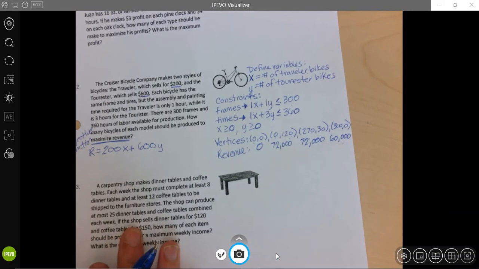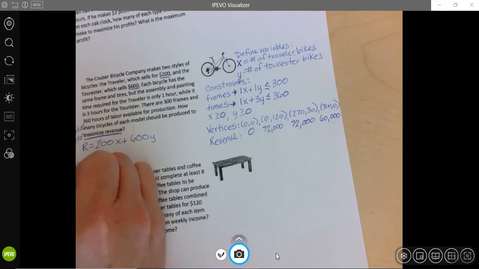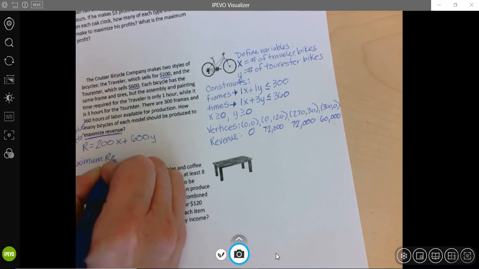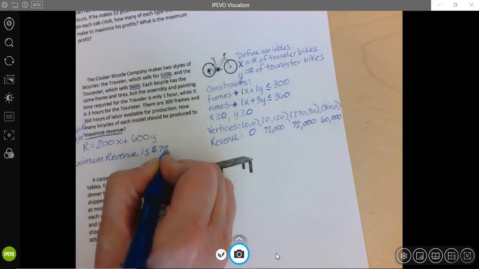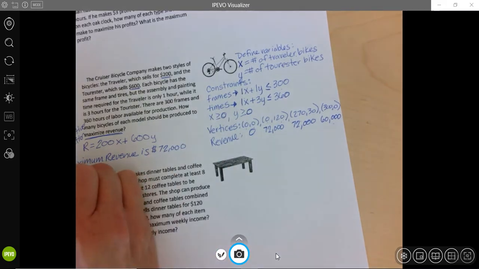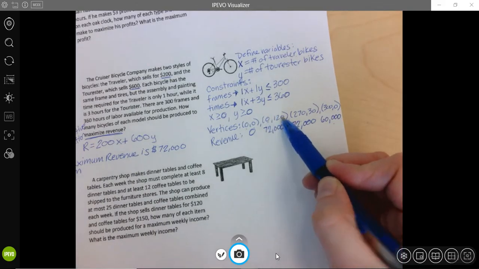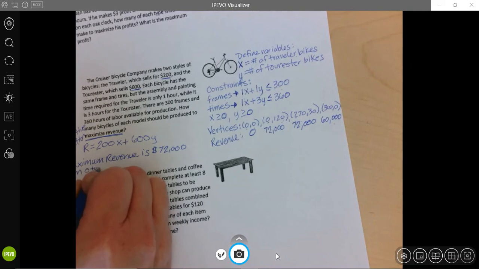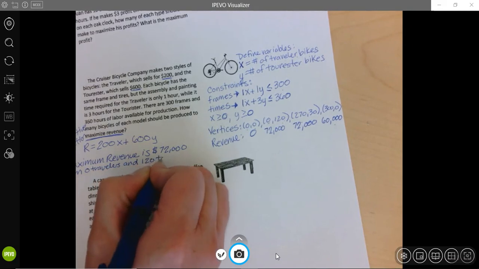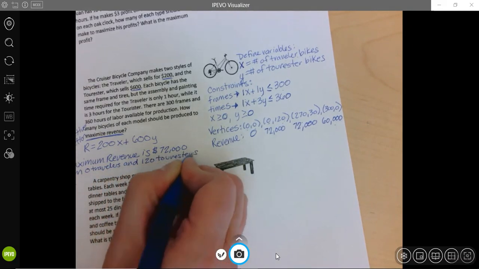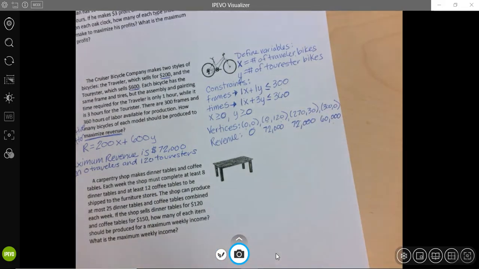So you need to make a statement now. You want to write your statement. Maximum revenue is $72,000, and that could be from 0 travelers and 120 touristers, or it could be from 270 travelers and 30 touristers.